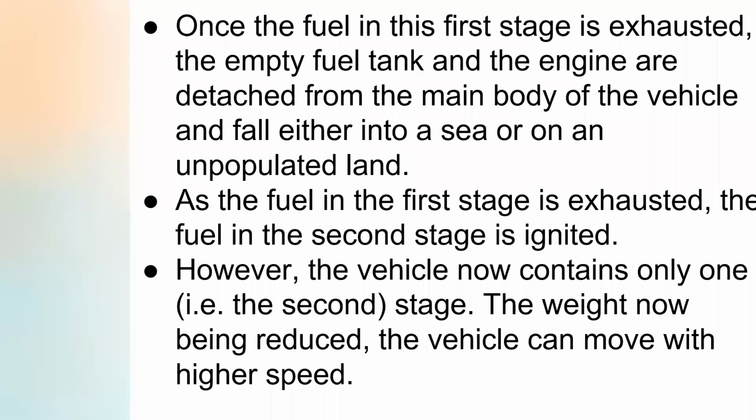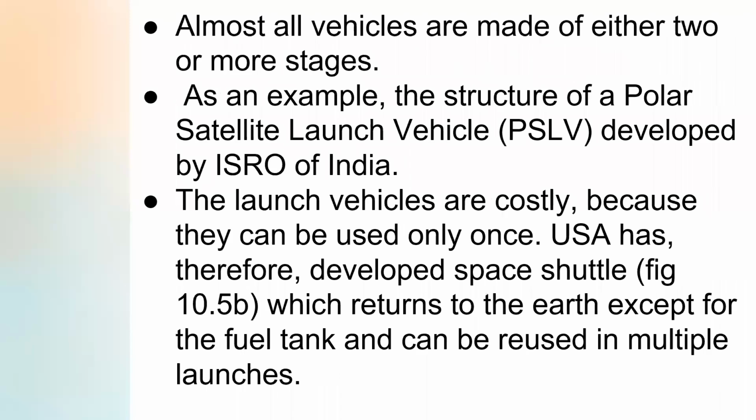So after the finish of the first stage, the second stage gets ignited. However, the vehicle now contains only one stage, the second stage. The weight has now been reduced, obviously, when the first stage has been detached. Now the vehicle can move with a higher speed.